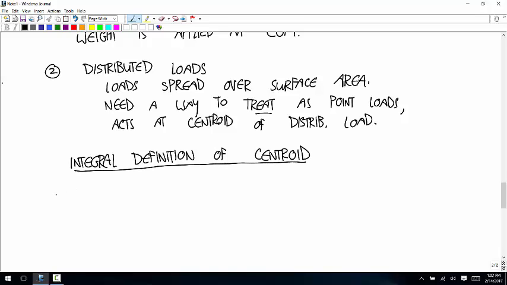First, in two dimensions, the x and y components of the centroid, you represent that with an over bar.